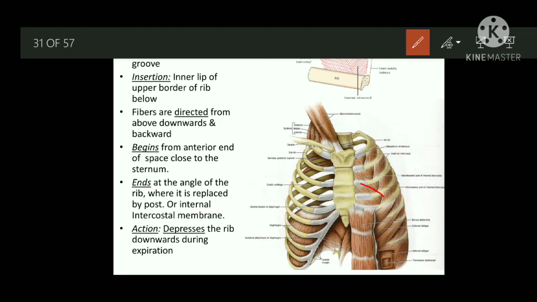What is the action? Interchondral part, between the cartilage part, of the internal intercostal muscle elevates the ribs along with the external intercostal muscle during inspiration. But the interosseous part of this internal intercostal muscle depresses the rib.